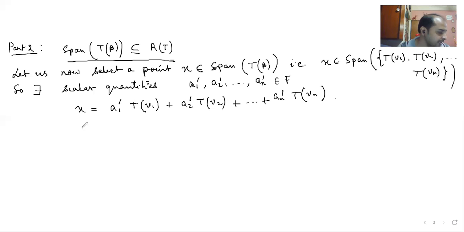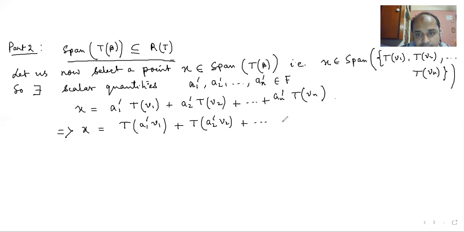And therefore we can write x as T of a1 prime v1 plus T of a2 prime v2 plus dot dot dot plus T of an prime vn, since T is linear.